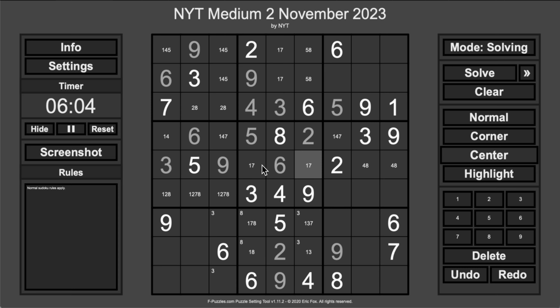Let's see. This doesn't have 1, 7 looking into it. That doesn't have 1, 7 looking into it. Oh, this is annoying.